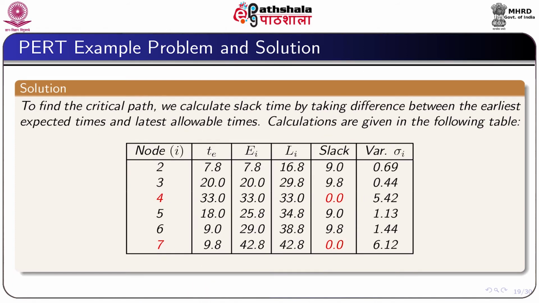To find the critical path, we calculate the slack times by taking the difference between the earliest expected times and the latest allowable times. The figure shows that the nodes 4 and 7 have slacks 0, therefore, they will be in the critical path.